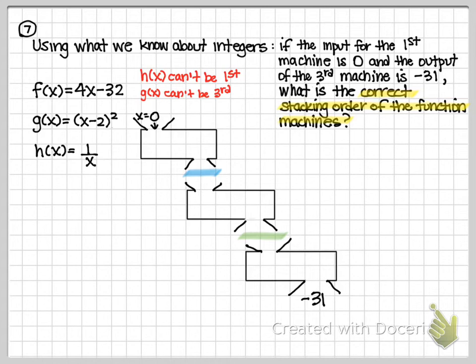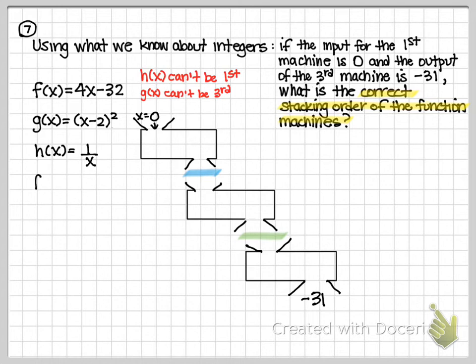One of the things that you could do, and you don't have to do it this way, but I know me, and I know that if I just try to randomly pick orders, I'm going to keep checking the same ones over and over again. I feel like that's a waste of time, and then I'm going to get frustrated. So what I would do is write out my possible listing orders.